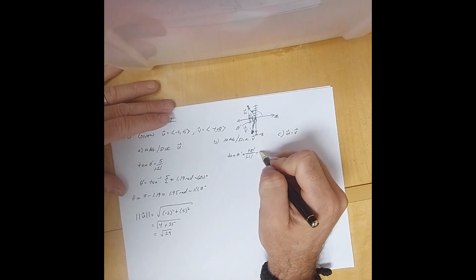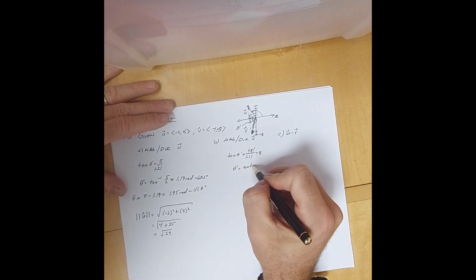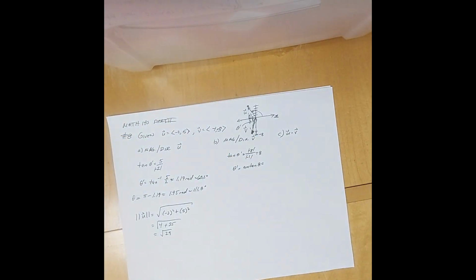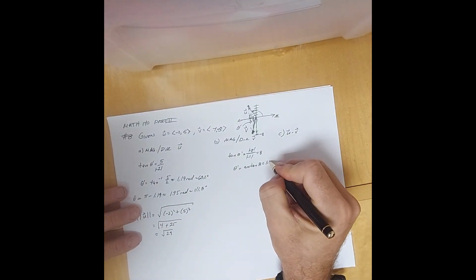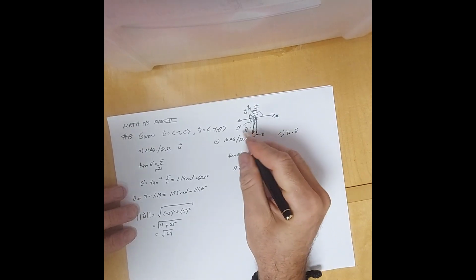So we're looking at theta prime is going to equal arctangent of 8, which I think is 1.44 radians. So we're going to add that then to pi.